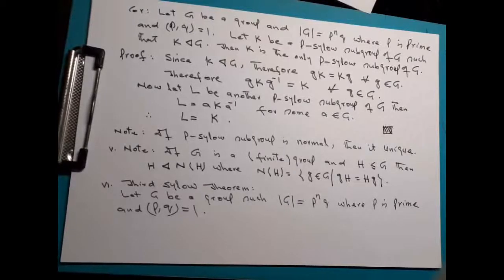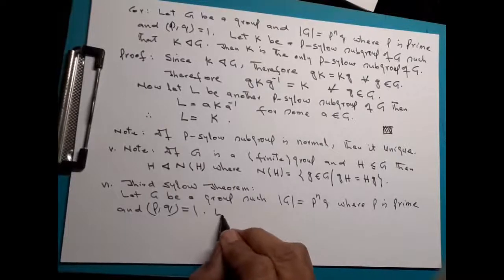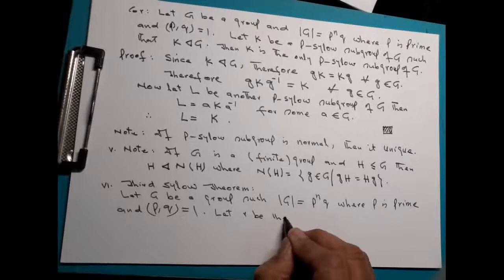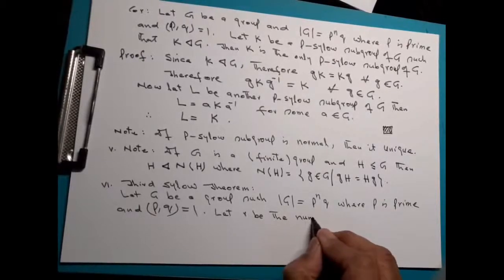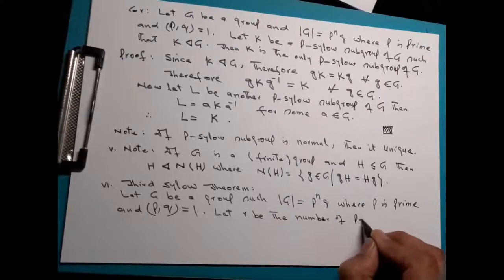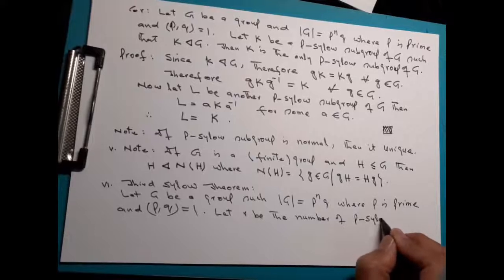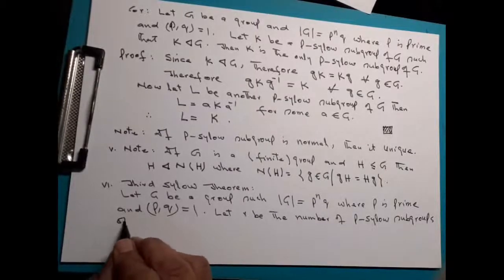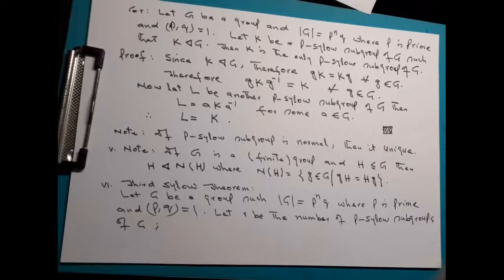Let r be the number of p-Sylow subgroups of G. That is, there are many p-Sylow subgroups of the group G.